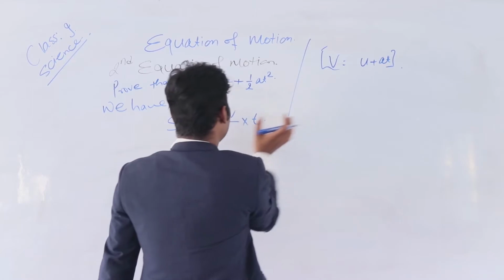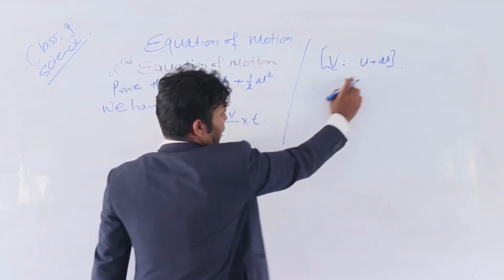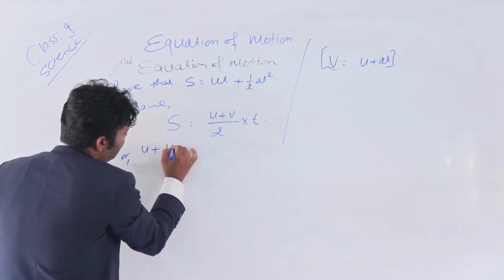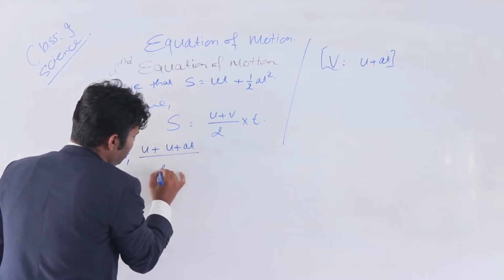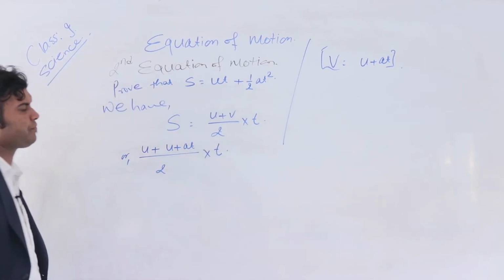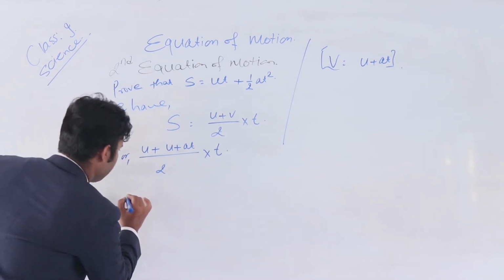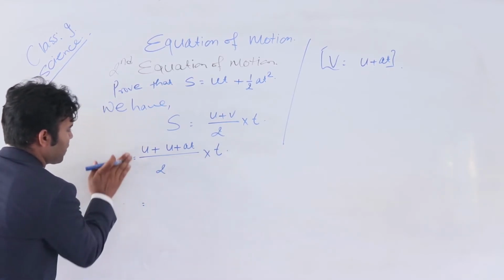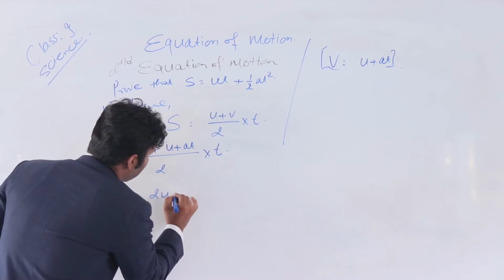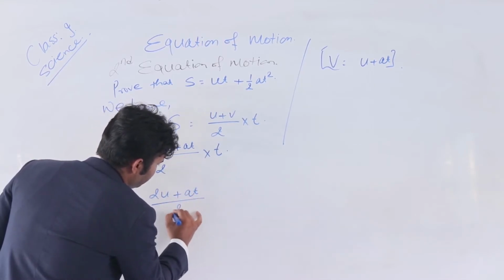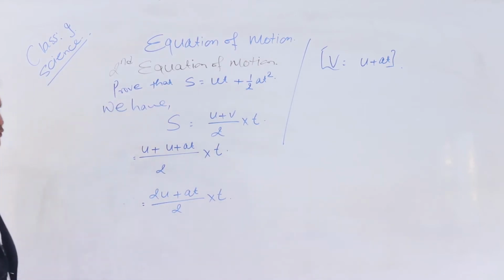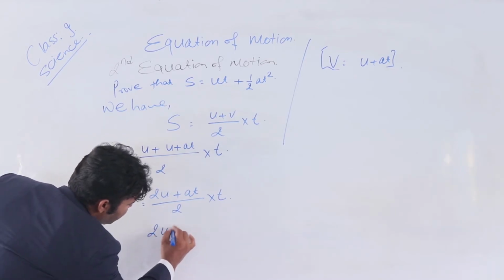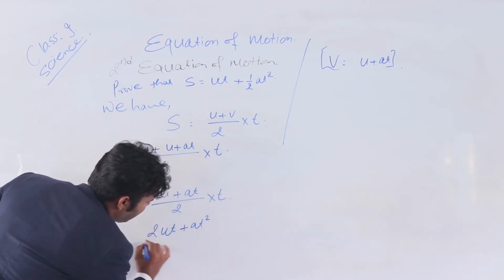Put this value in here, replacing V by U plus AT, so S is equal to U plus U plus AT upon 2 multiplied by T, or 2U plus AT upon 2 into T, that is 2UT plus AT square whole divided by 2.